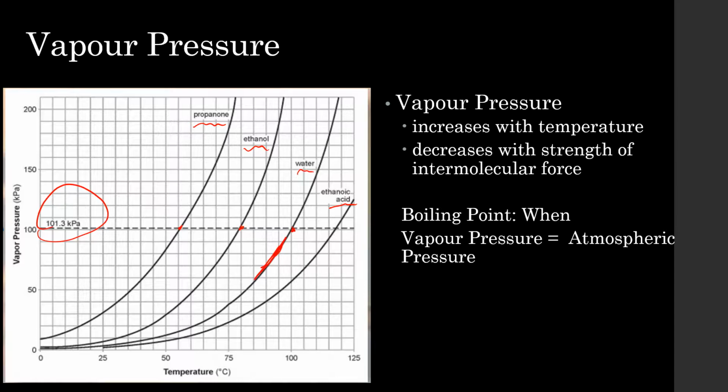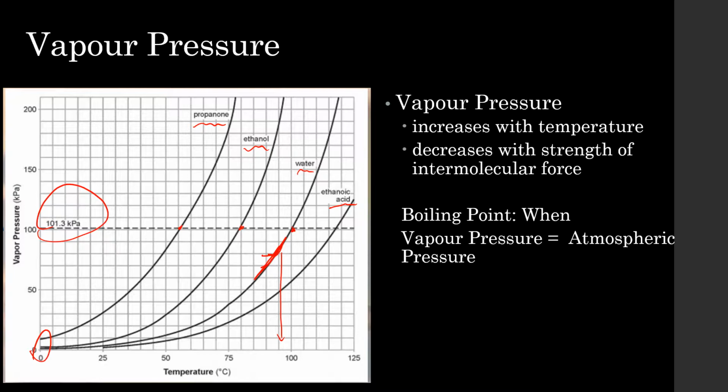So I could say, okay, if there's a vapor pressure of 90 kPa, for example, you can see that it would boil at 95 degrees Celsius. So at no pressure, water would boil. So out in space, water would boil because there's pretty well no pressure. What's the point of this lesson? The boiling point is when the vapor pressure equals the atmospheric pressure.